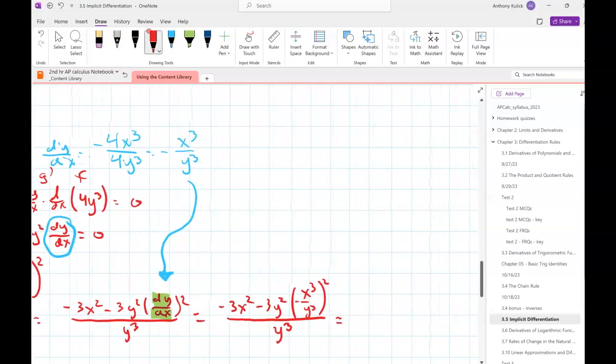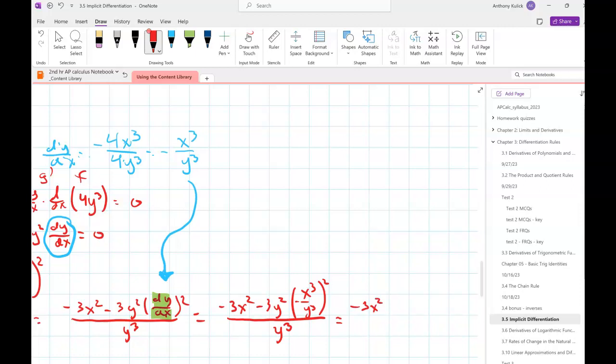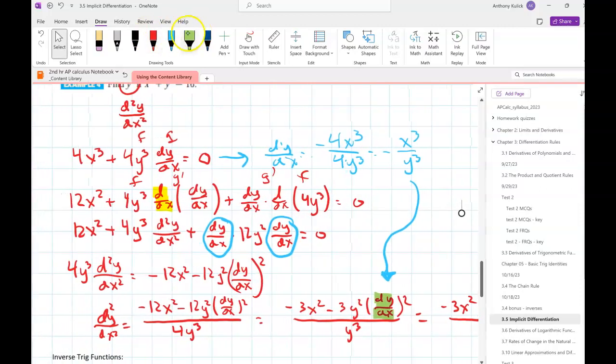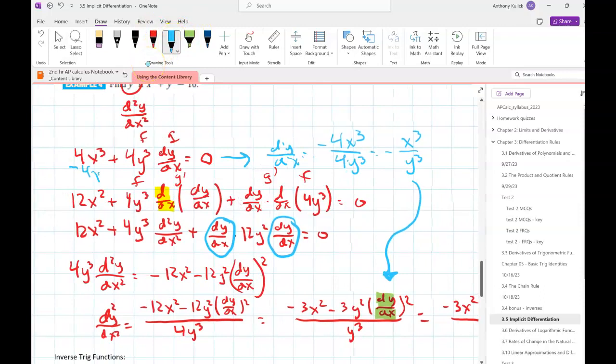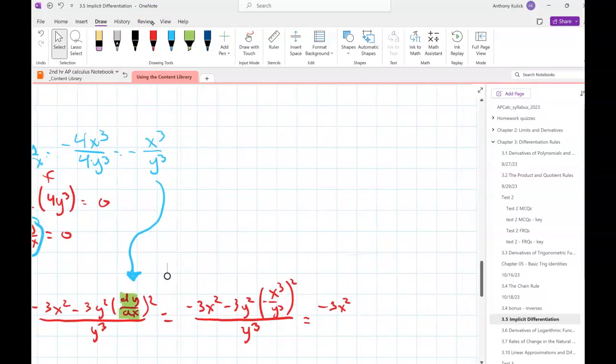Wait, why is the 4x cubed? Algebra 1. Oh, my bad. It's okay, guys. I didn't see it.